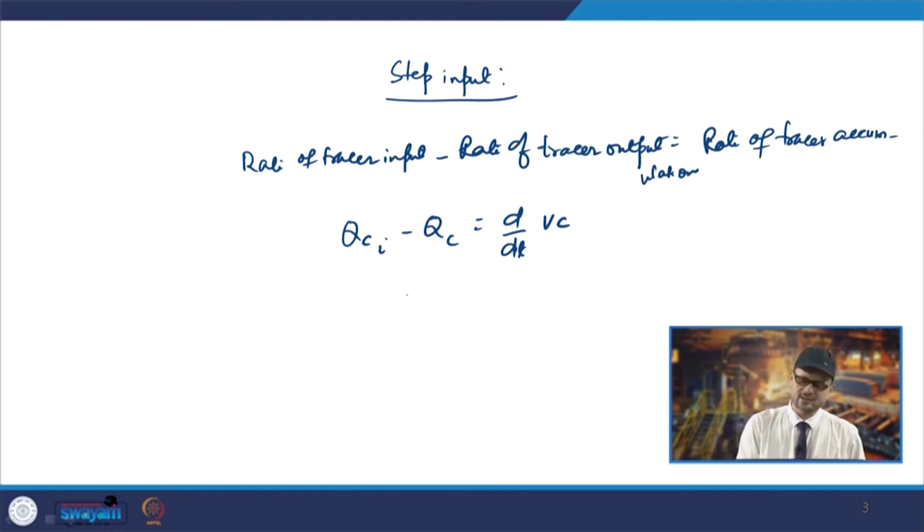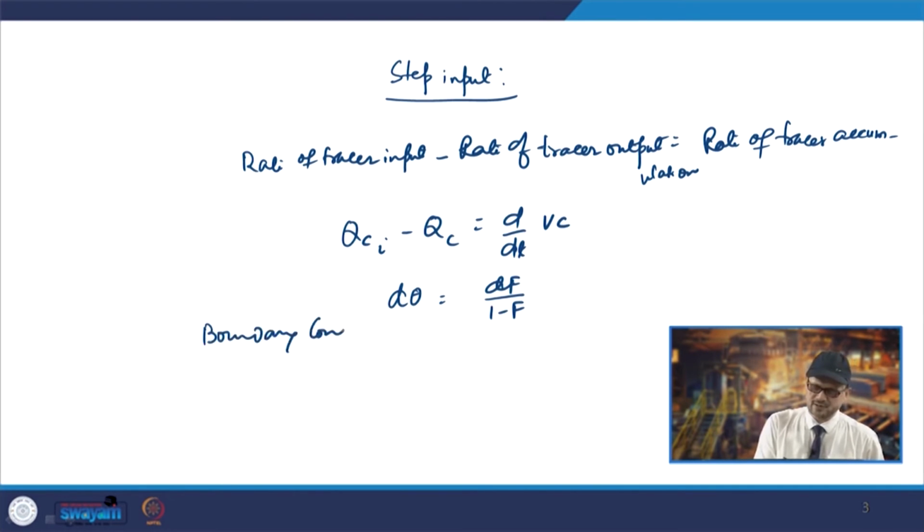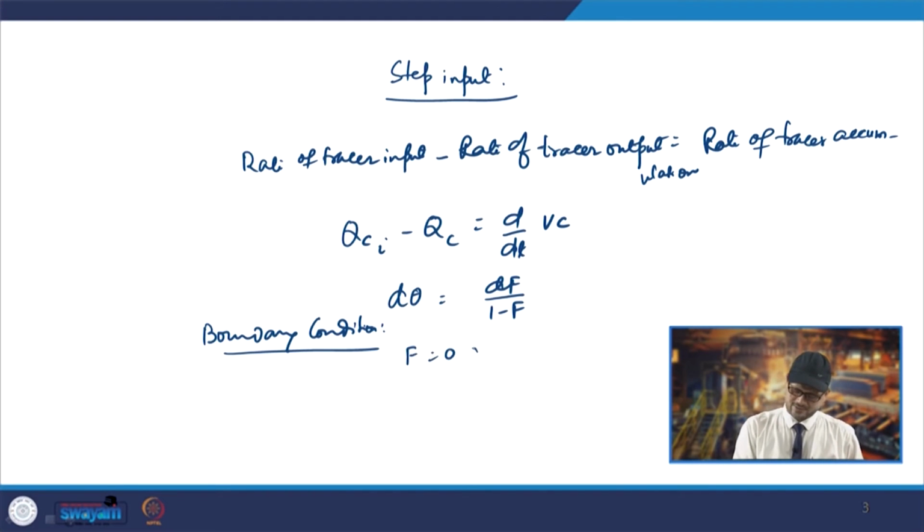Now, what we get is the parameter d theta. So, this d theta will be nothing but d f upon 1 minus f. If you try to integrate for these cases, you will have the boundary conditions. So, the boundary condition will be that f equal to 0 at theta equal to 0.